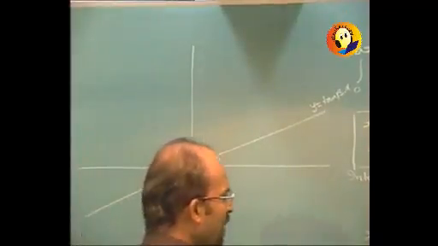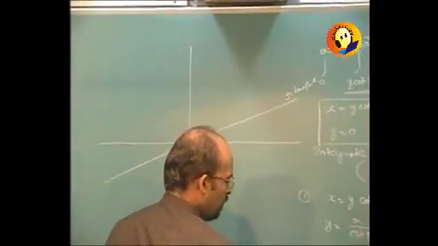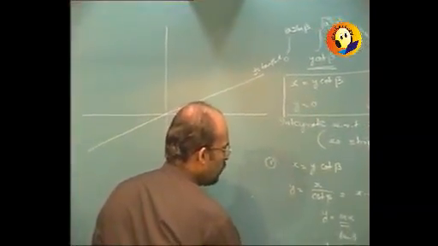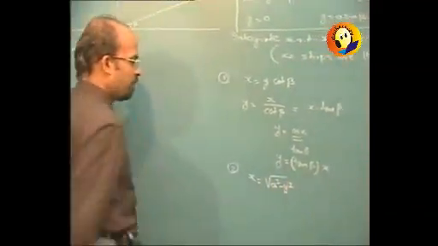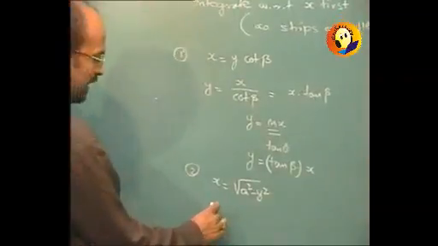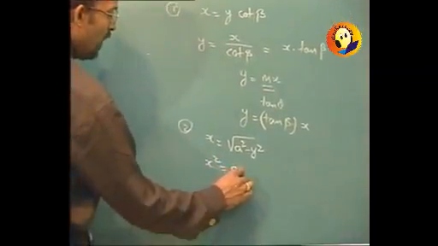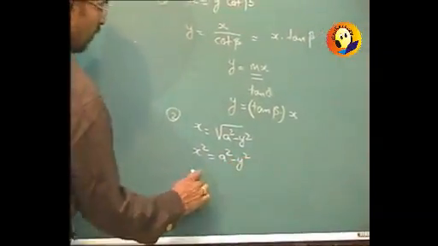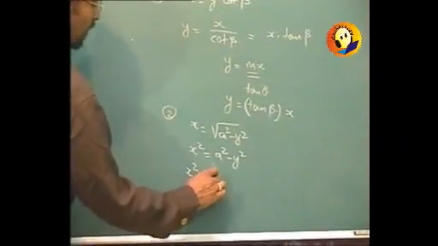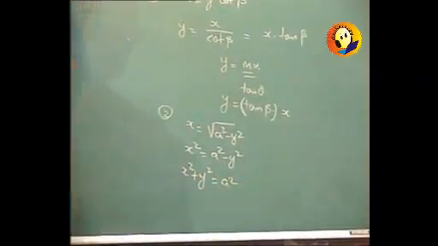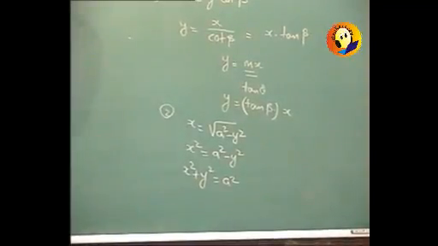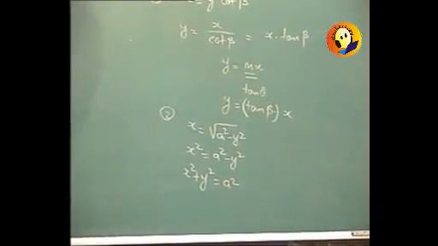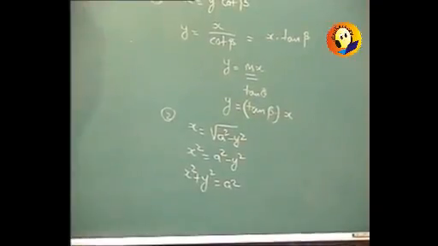The second boundary that we have is x equal to under root a square minus y square. Squaring both the sides, we get x square equal to a square minus y square, or x square plus y square equal to a square, which happens to be a circle having radius a, center at origin. So we can draw that circle.